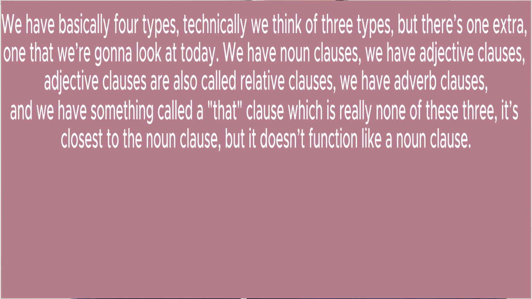We have basically four types. Technically, we think of three, but there's one extra that we're going to look at today. We have noun clauses, we have adjective clauses, we have adverb clauses, and we have something called that clause, which is really none of these three.